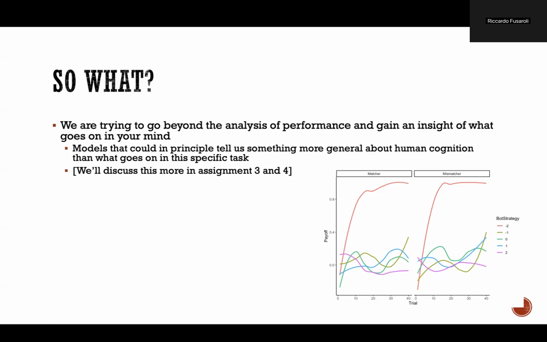So let's say when the algorithm is playing a random agent, CogSci students are pretty good at picking it up, right? No matter whether they're playing the matcher or the mismatcher. When they're doing, I can't remember what -1 was, but let's say 0 is the reinforcement learning algorithm, they're already at chance.